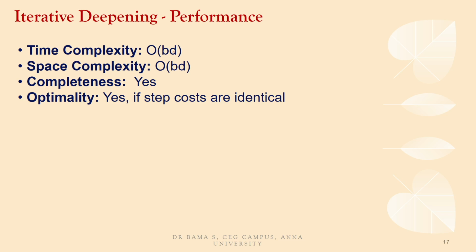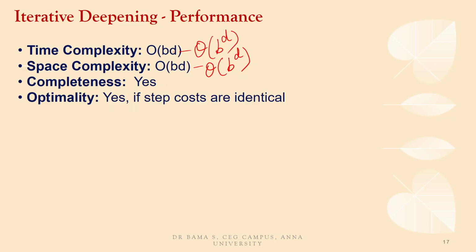There is a slight mistake in this presentation, it would be order of b power d. This is a typo. Space complexity also is order of b power d, and completeness it is yes, of course, because it is very similar to that of breadth first search, and optimality yes if step costs are identical, otherwise it is not. So, that is regarding the iterative deepening.